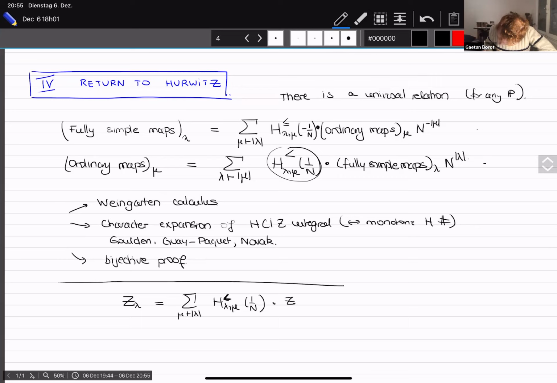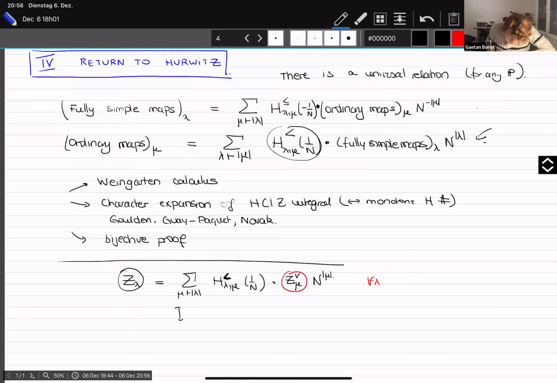We sum Z mu check. Okay. So that's an expression of this relation, but here you start with a Z lambda, or you start from Z mu check, and you define some Z lambda from this relation for any lambda. And that you can express in the Fock space.